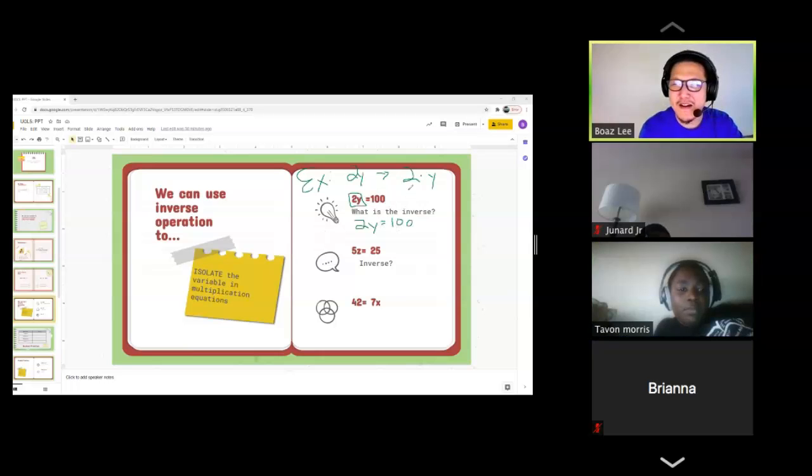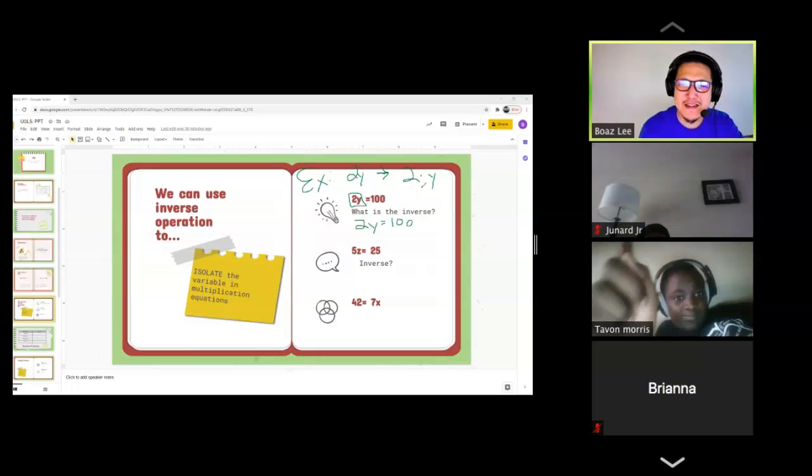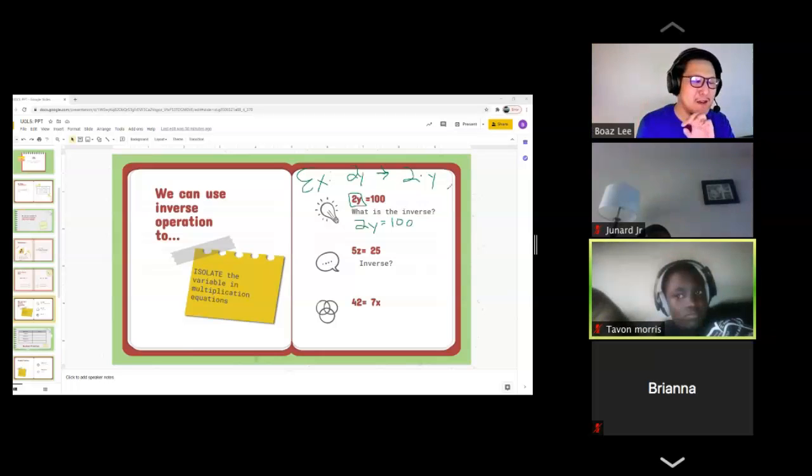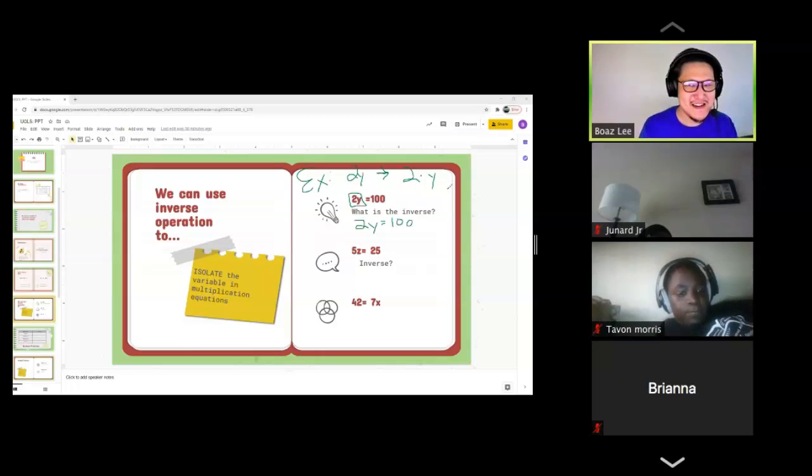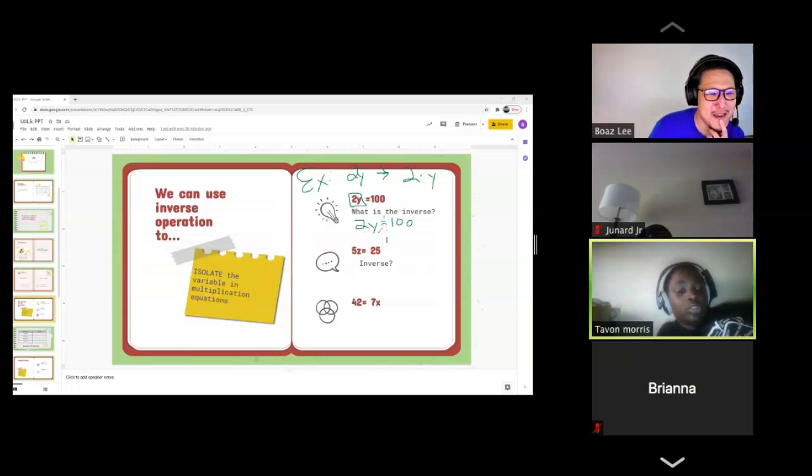Okay, so we know that 2y is the same thing as 2 times y. And you guys told me that the inverse operation of multiplication is division. So we know we have to divide something to both sides to get this y by itself. What do we have to divide?